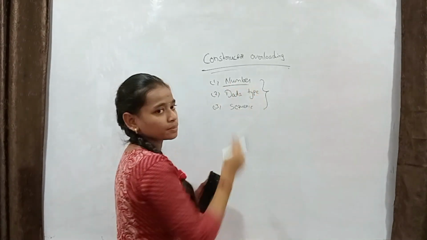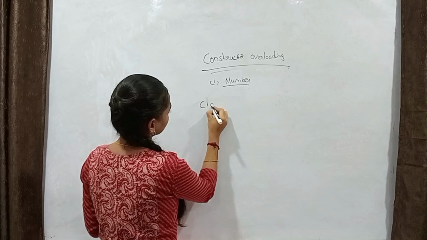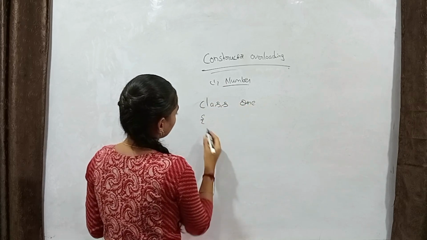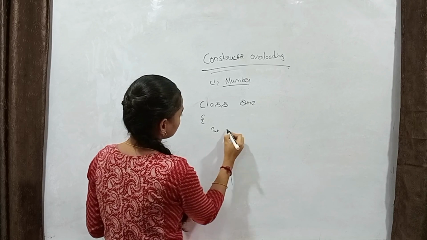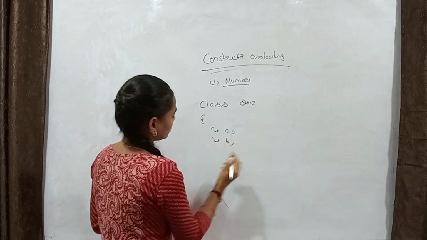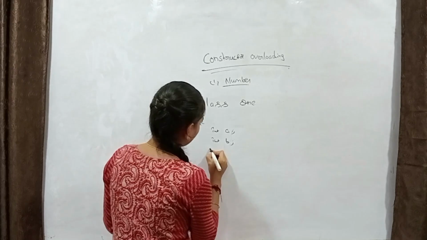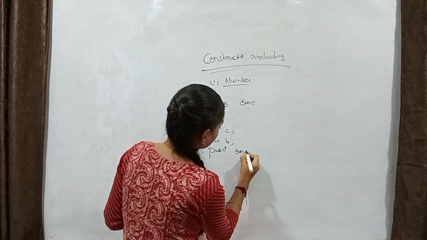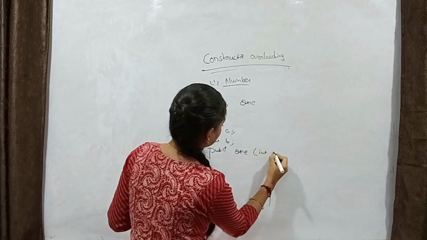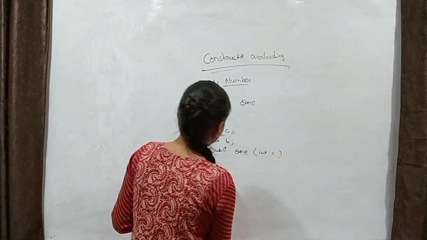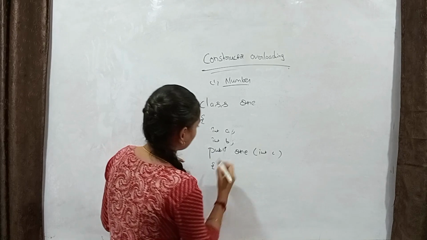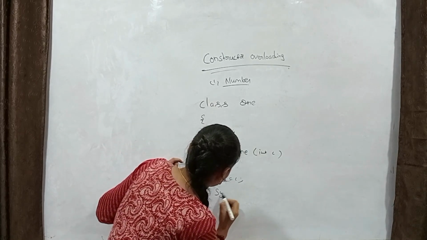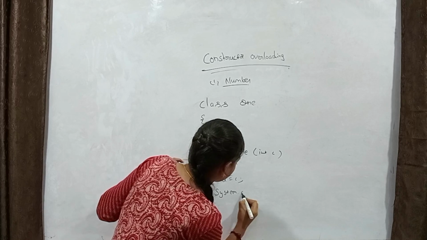So first one is number. Class name I will give one, and here I will declare some variables, int a and int b, and I will create one constructor. In this I assign the value and then print this value.